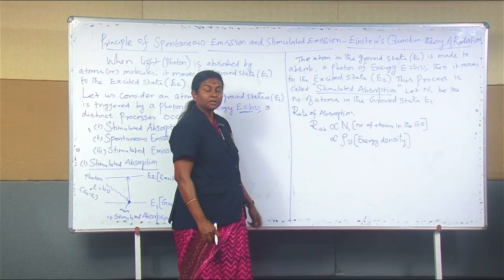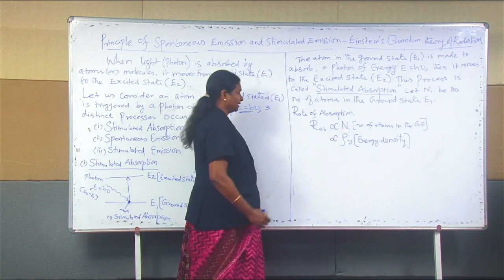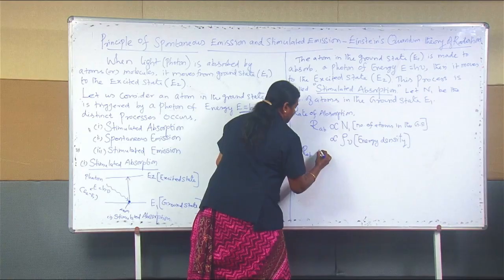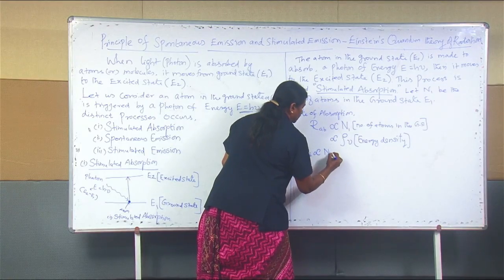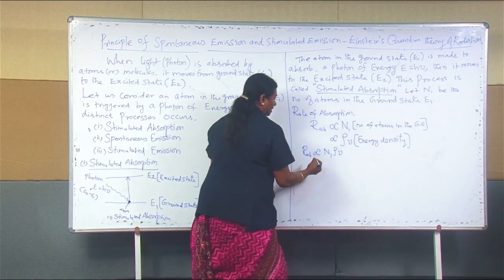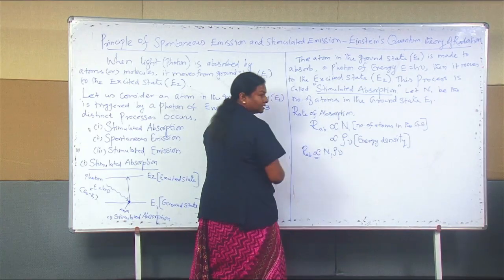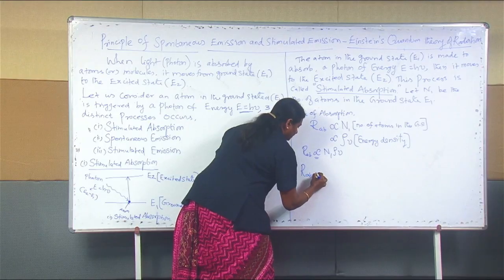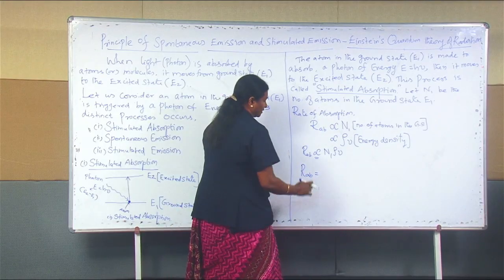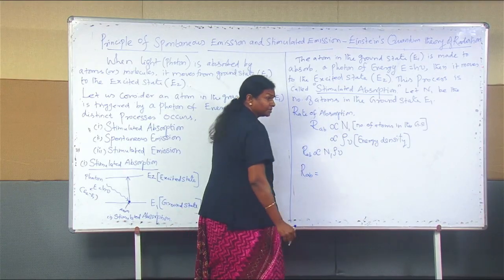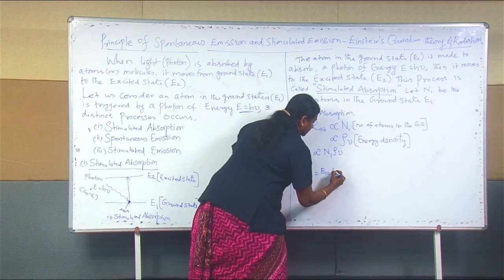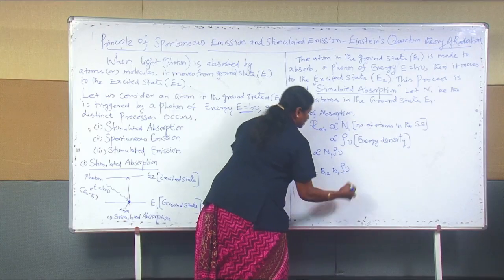All of you know about what we have to do the next step. So RAB directly proportional to N1 into this rho nu, and I have to concentrate on this proportionality sign. Therefore, RAB is equal to, here I am introducing the constant as B12 into N1 into rho nu.